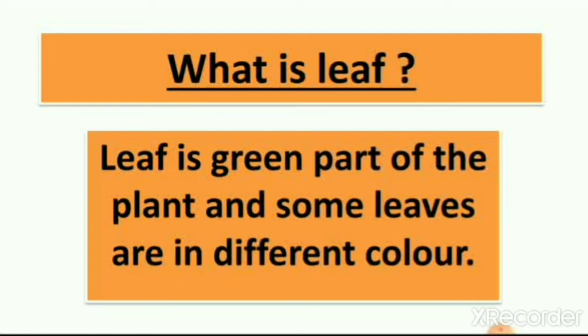Leaf is a green part of the plant and some leaves are in different colors. You can see in further pictures that some leaves are in different colors. We will see the pictures of leaves of different colors at the last of this session.